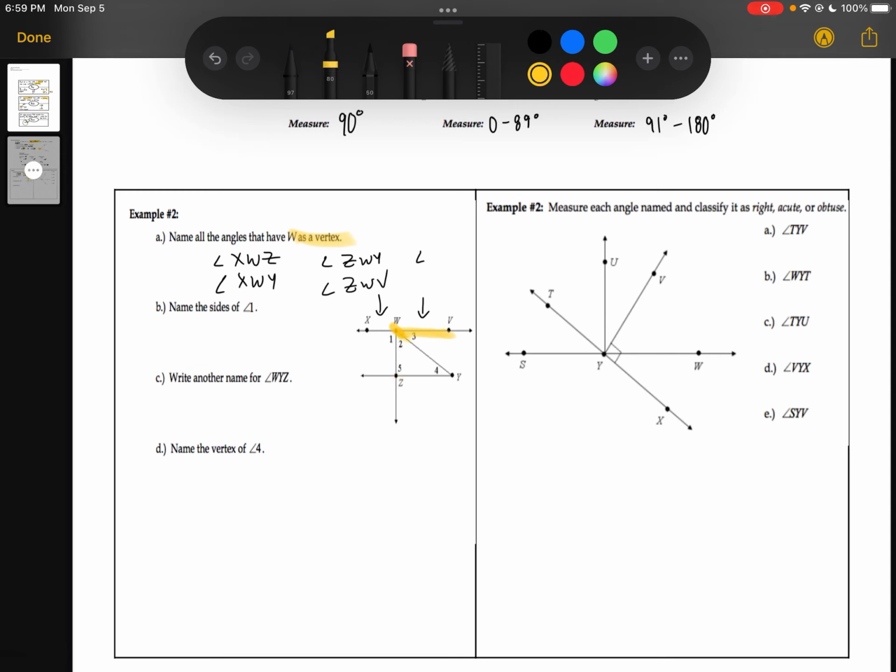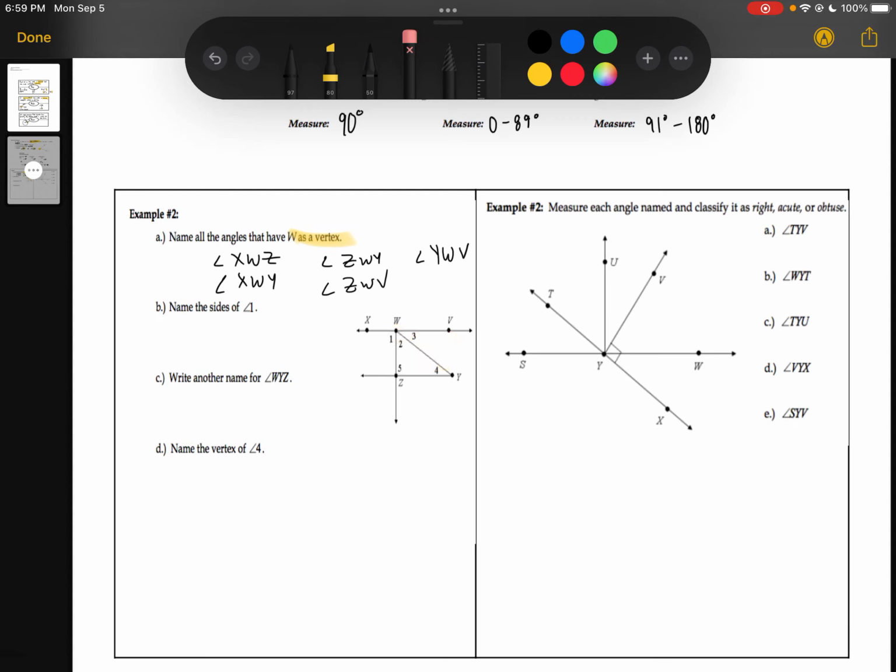And one more option, we can use YWV as well. So basically just looking for everything that's not on the same line that has a common endpoint of W. And if we do that, we should have at least 5. Maybe I missed one. Let me know if I did, but hopefully those should be the 5 that we're really looking for.